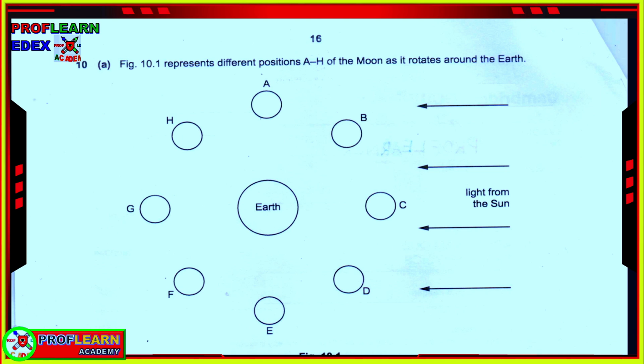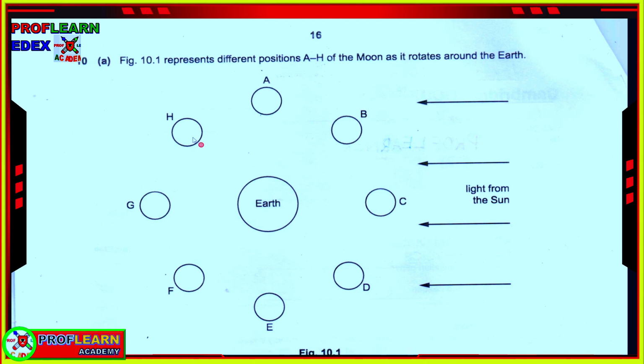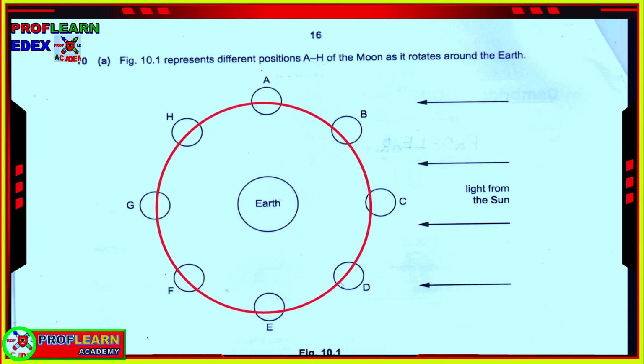Now, let me take this chance to put on the different shapes of the moon that we are going to experience. Maybe in the coming May, June exams, you may not be asked this question. Another question may be asked here. So, the orbit of the moon around the earth, and you need to remember that the orbit of the moon is usually circular and it's around the earth.